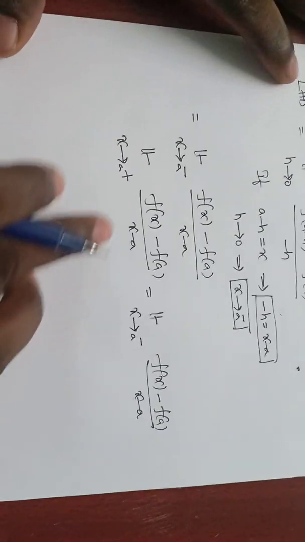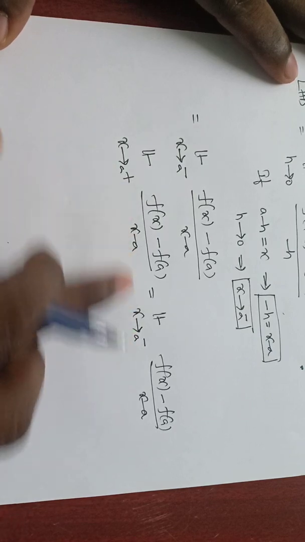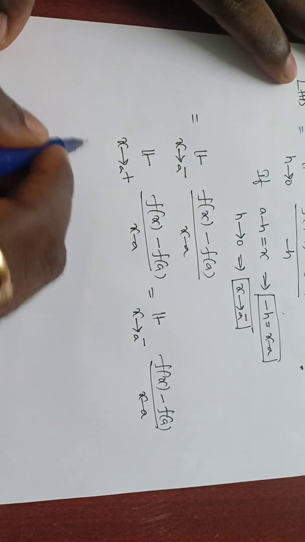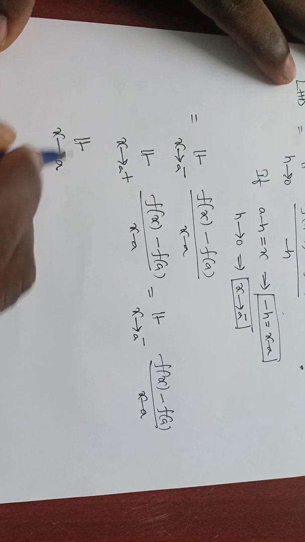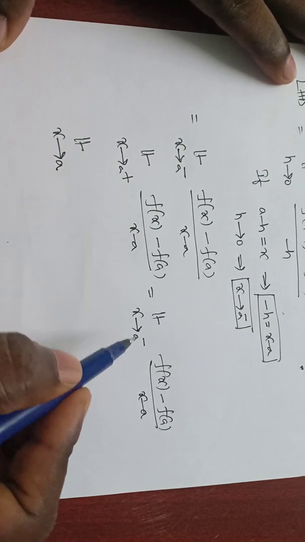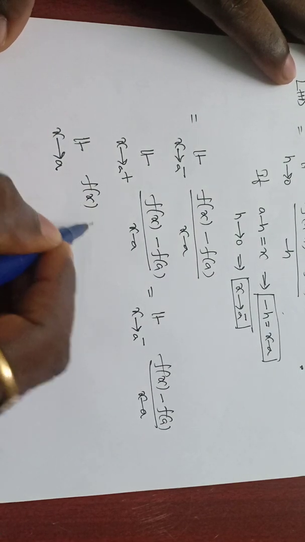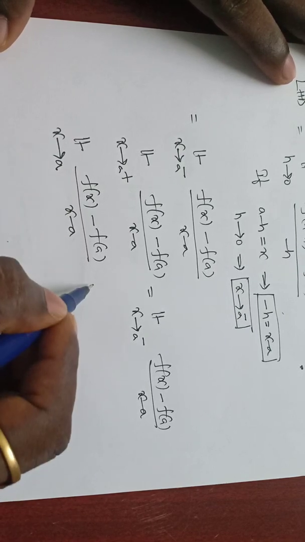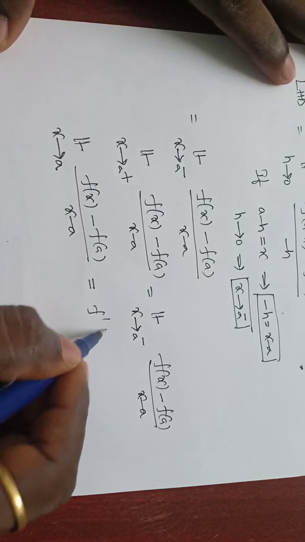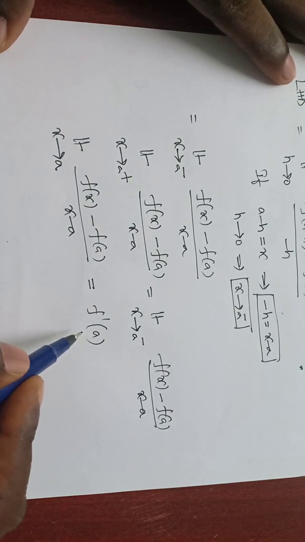Clearly from this, what we get? The limit exists finitely, and the existing limit is what? Limit x tends to a, from the right side and from the left side, of f of x minus f of a by x minus a, which is also known as the derivative at x equal to a.